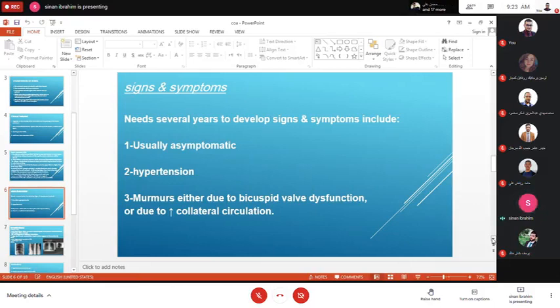Or when checking the blood pressure, they accidentally find the patient hypertensive and send him for echo, discovering coarctation of the aorta, or we may hear a murmur. This is due to bicuspid valve dysfunction. As we say, they are liable for developing regurgitation or stenosis in the future, or due to increased collateral circulation, and this gives a murmur in the interscapular area.